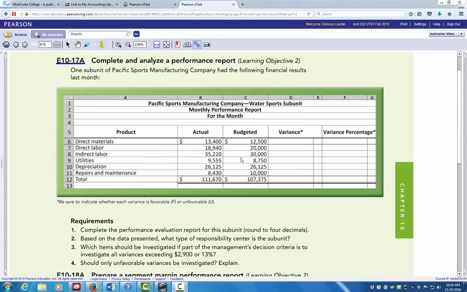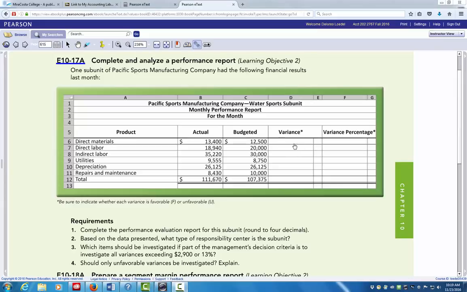Okay, now that you've had a chance to review the information and the requirements, we are first, of course, going to fill out the form here noting the variance and the variance percentage. This is just simply taking your budgeted amount and subtracting your actual. And of course, you can have a favorable or an unfavorable variance.